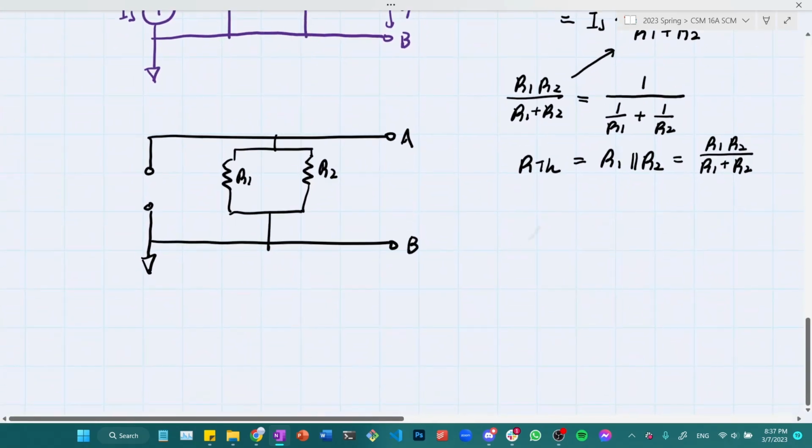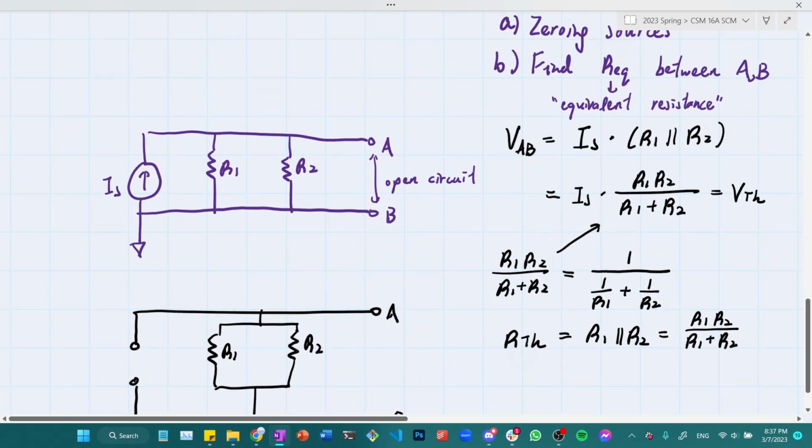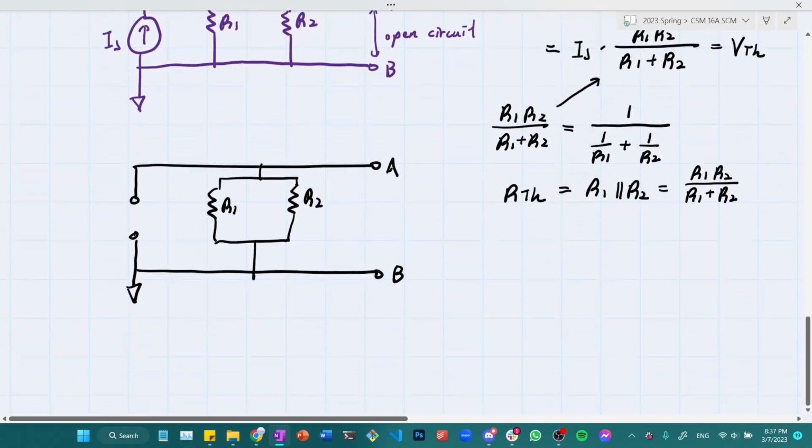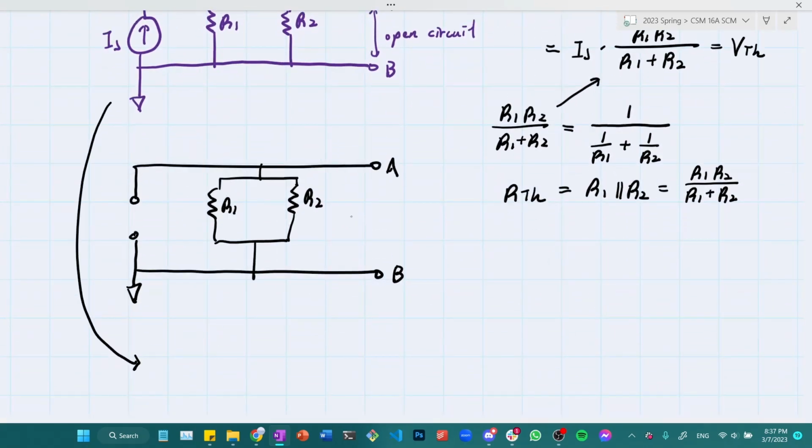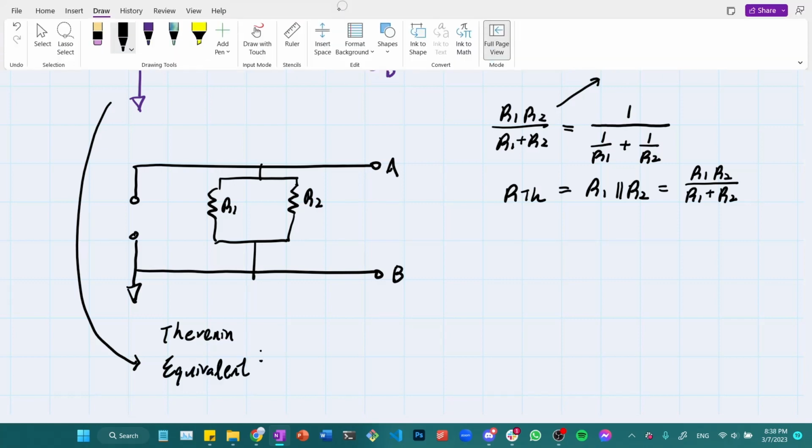So therefore, the Thevenin equivalent of this circuit becomes what I will write here with my original pen.